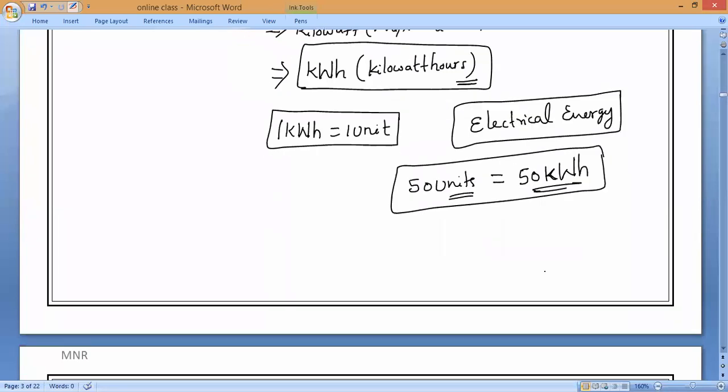If I am saying my house is consuming 50 kilowatt hours, what does it mean? Let me take 1 kilowatt hour. What do you mean by 1 kilowatt hour? So that you will understand what 50 kilowatt hours is. Write it.